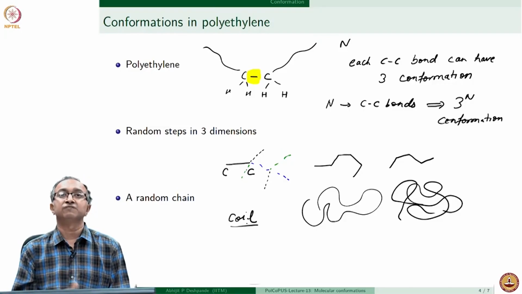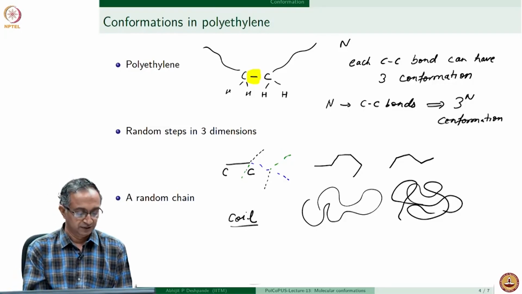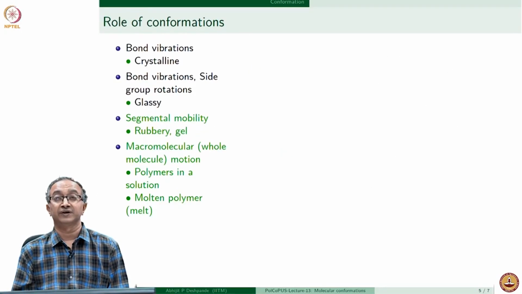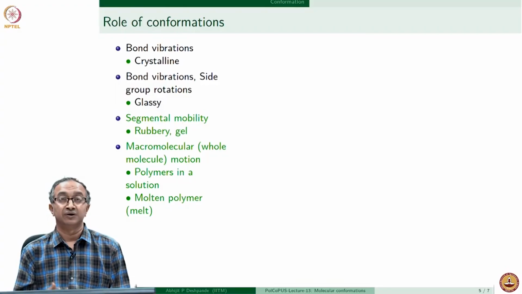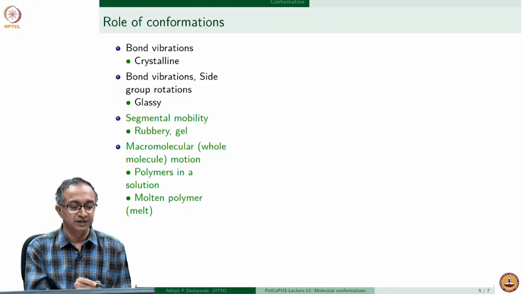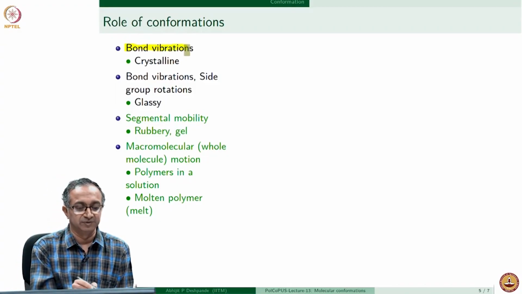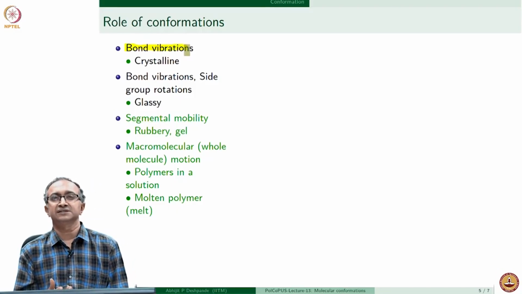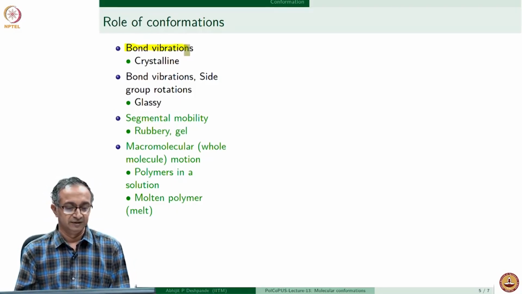Now, when is conformational change possible? So let's look at the role of conformations and when they are possible. If we have a crystalline macromolecule or any other crystalline material also, then what we only have are bond vibrations. So in such cases, conformational changes will not be there.